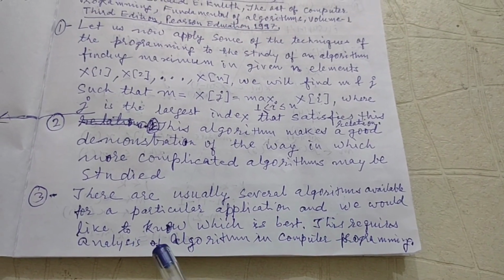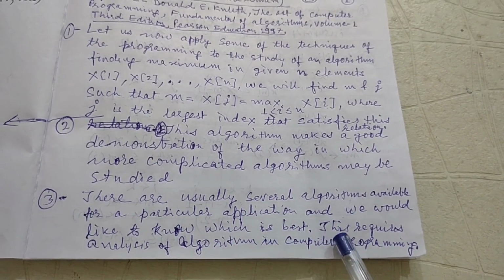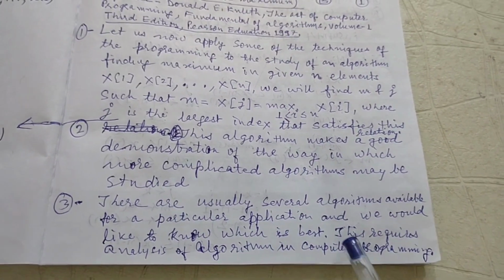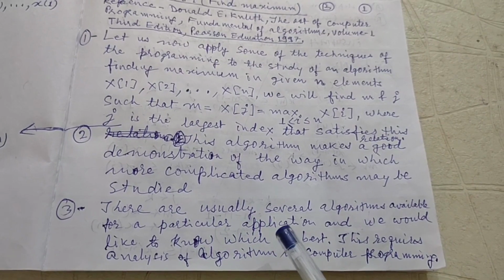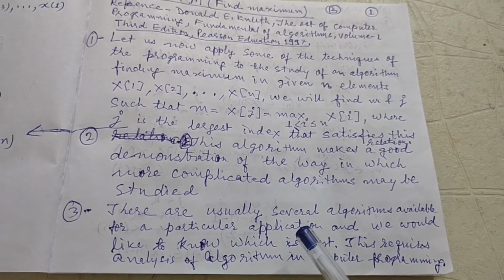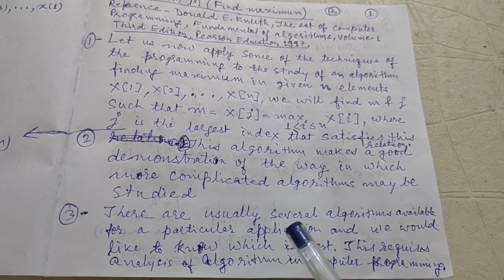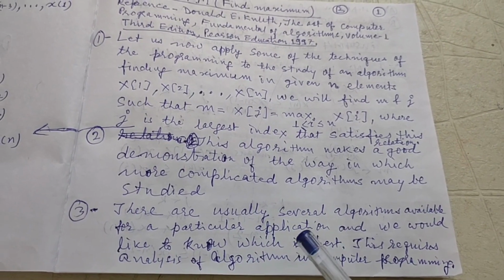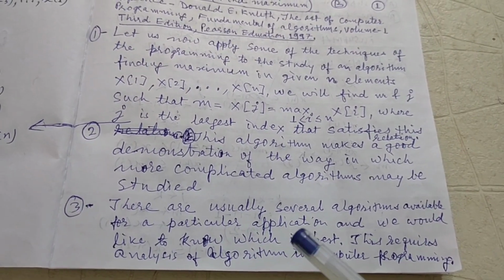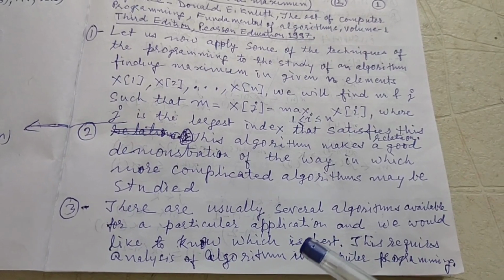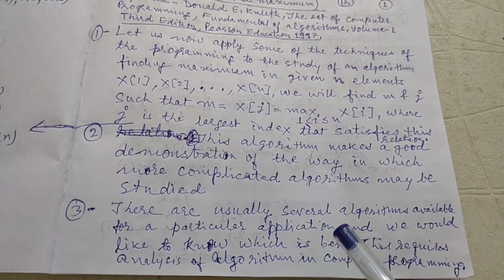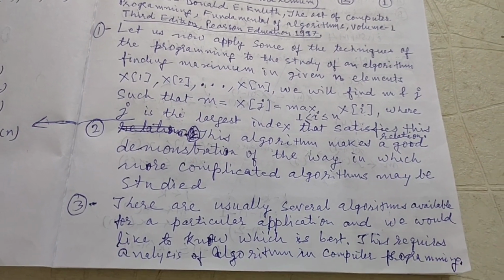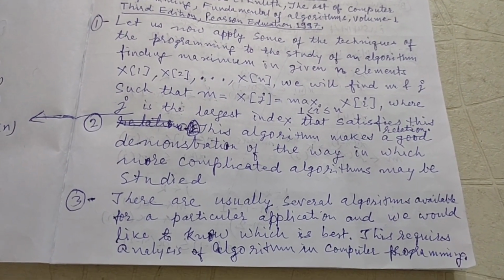The analysis of algorithms is required because we have many solutions of one problem. One problem can be written in many ways. Therefore, which one is best, we have to find out from the analysis of the algorithm. Therefore, analysis of algorithm is required.